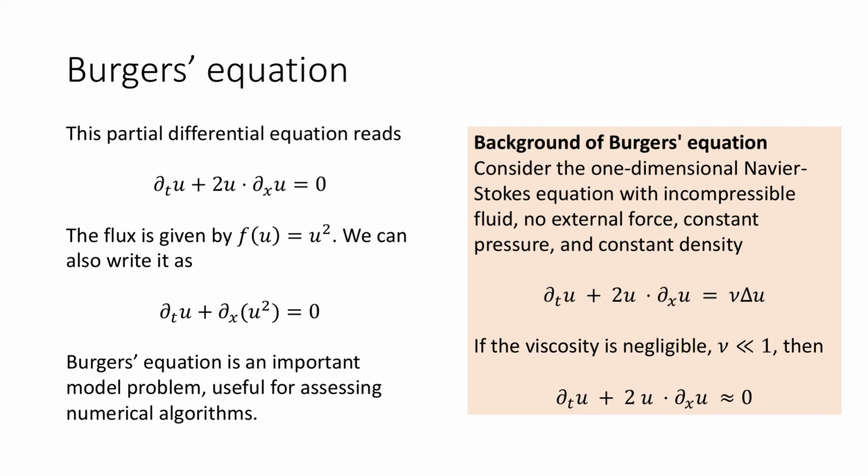In such a setting in fluid dynamics, if the viscosity v is negligible, meaning that v is much smaller than 1, then approximately the behavior of the fluid is described by the time derivative of u plus 2 times u times the x derivative of u being roughly equal to 0.